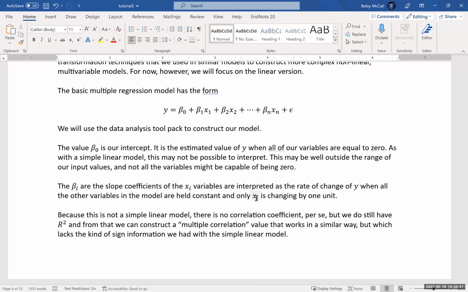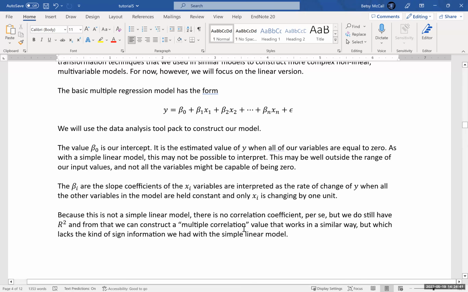We'll talk about this after we have a model to construct. But this interpretation is, again, going to assume that everything else in the equation remains constant. That's an additional assumption we have to make, and then we can focus in on just the change from that one variable.